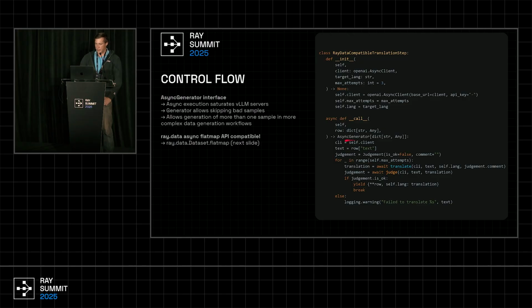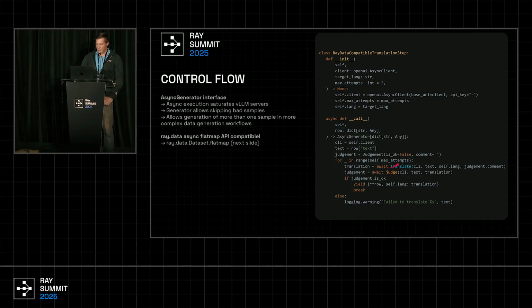So an asynchronous generator, for those not familiar with it, is going to return 0 or more items. In this case, we get one row as input. It will contain the text. And then if things go well here in the if statement, we will yield out the translation.